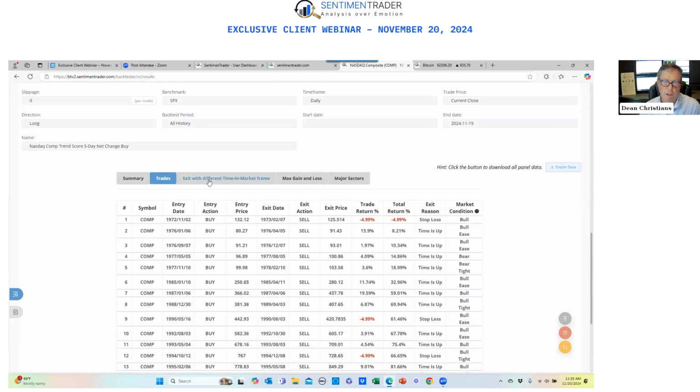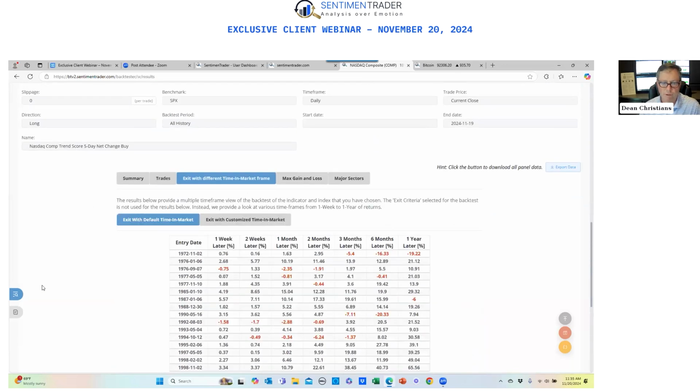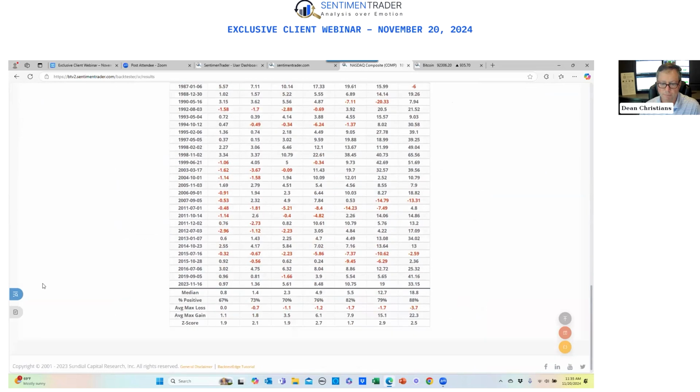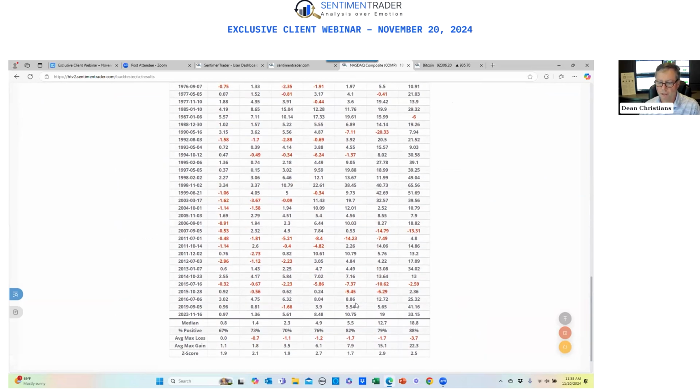If we look at different time frame metrics here in terms of the exit criteria, you can see 2 weeks later, it was up 73% of the time. A month later, 70%. 2 months, 76%. And then 82% over the 3 months.